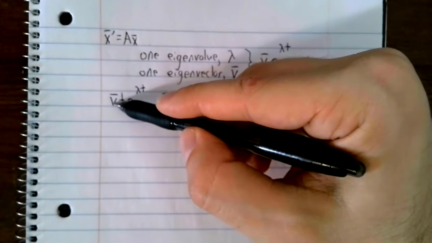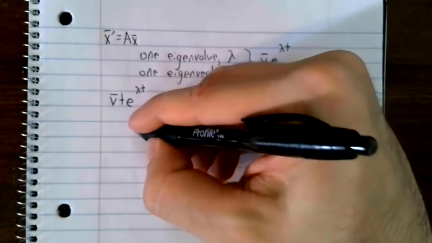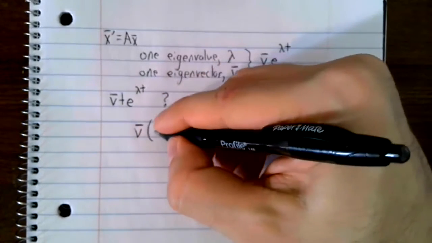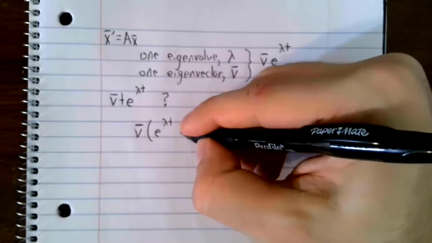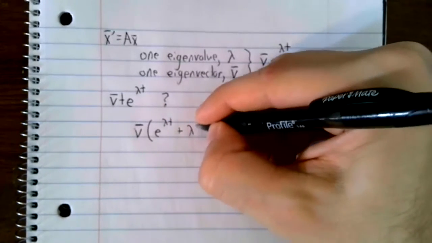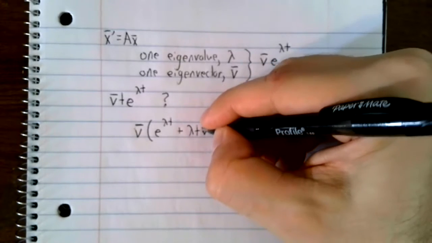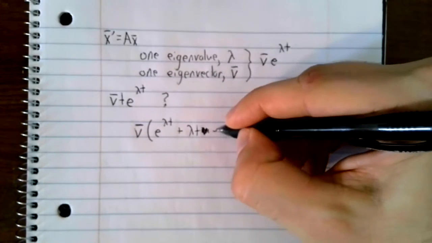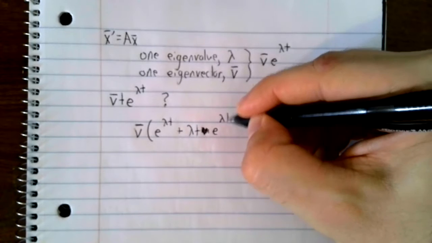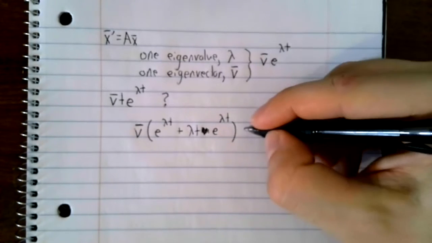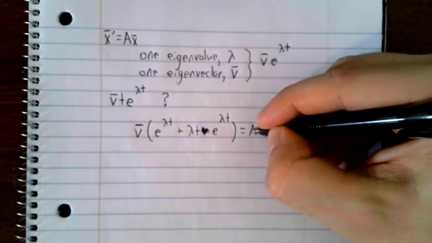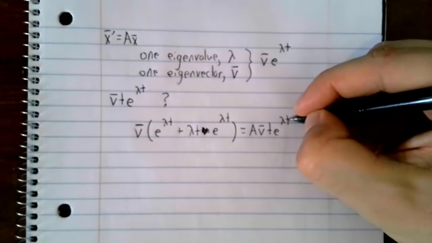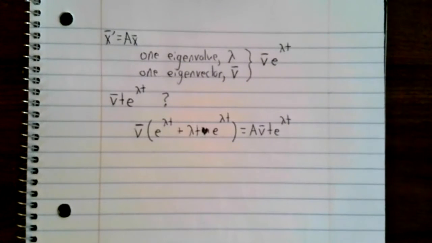The fact that this constant is a vector doesn't change the calculus. v times e to the lambda t plus lambda t v, sorry, we pulled the v out, times e to the lambda t equals A v t e to the lambda t.